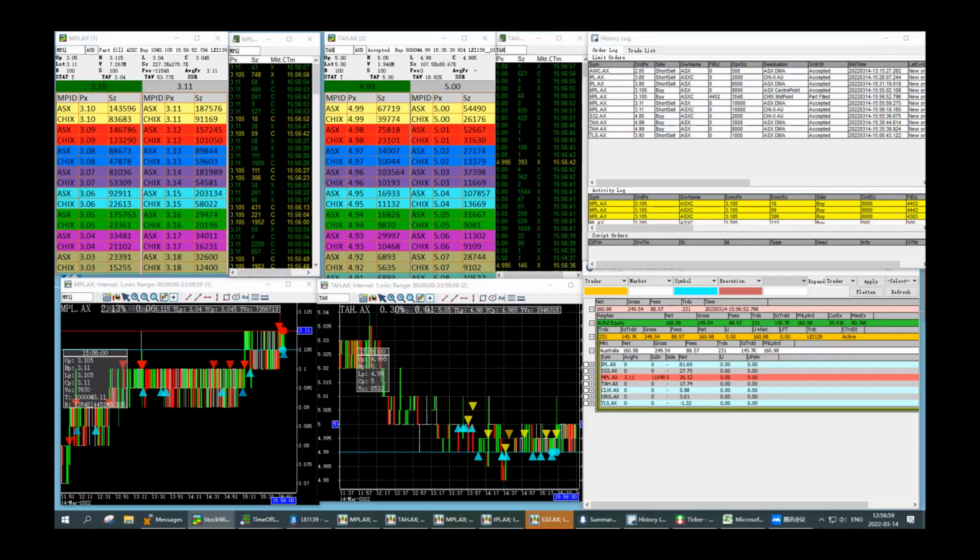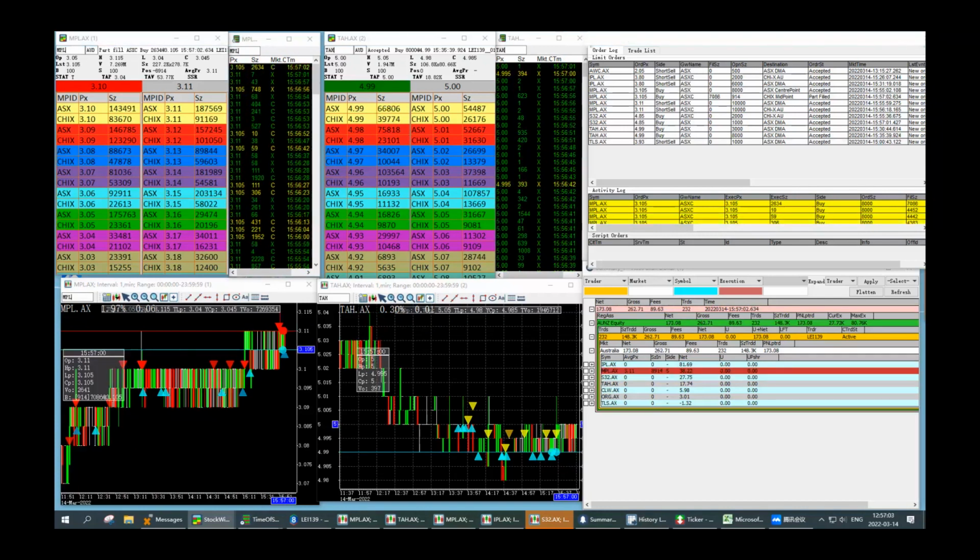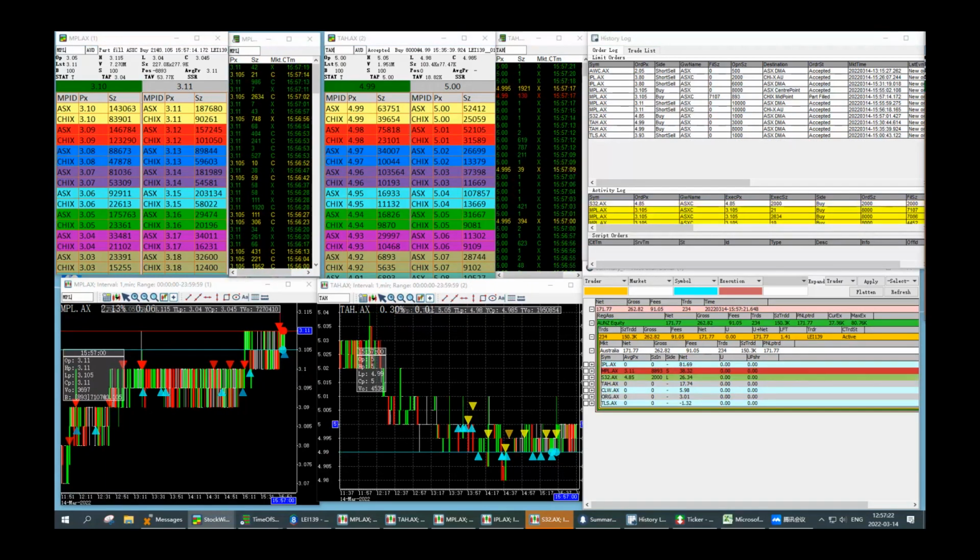And here it's nearly the market close time. I have to flat all my positions today, because what I'm doing is day trading.